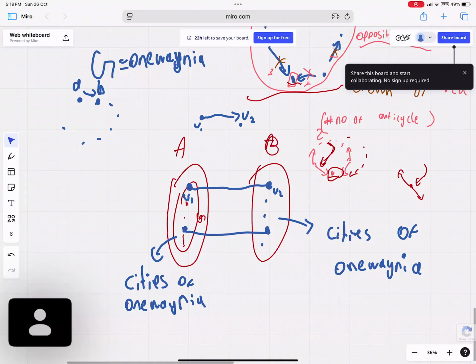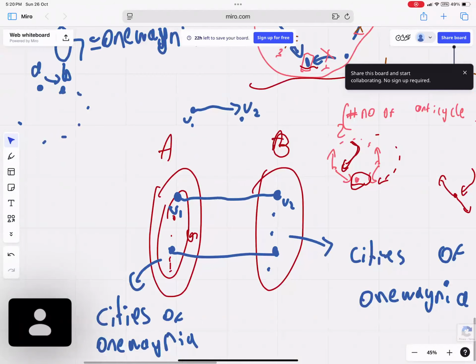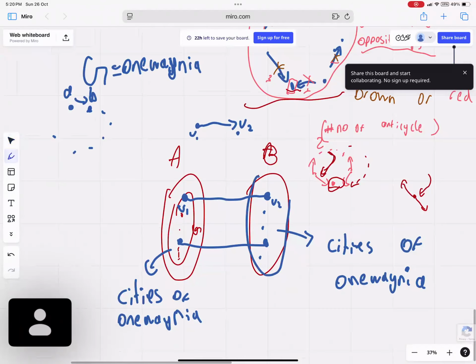Now, what the original condition states is that every vertex in this graph has degree exactly 2. Do you all see why this is the case? Every vertex in B has degree 2 since it has in-degree of exactly 2, and every vertex in A has degree 2 because the neighbors of A represent the things that in the original graph G it points outwards to, which we know there are 2 of.